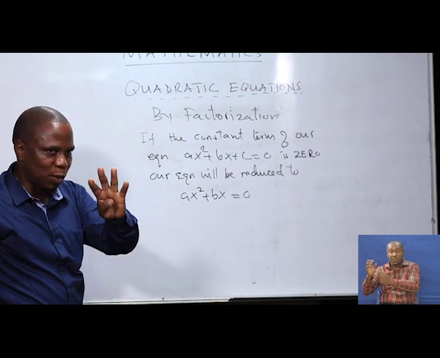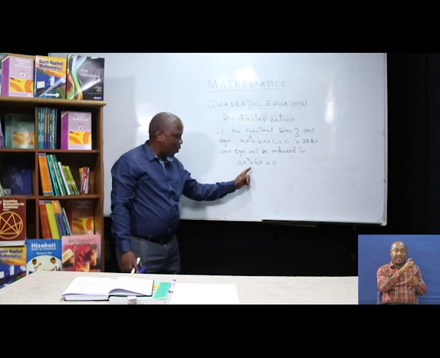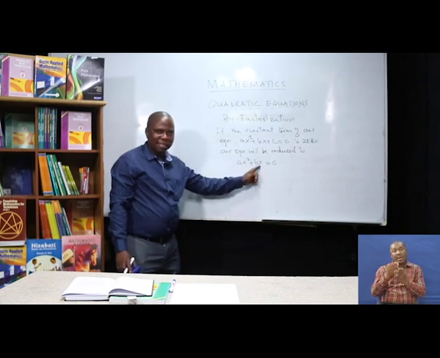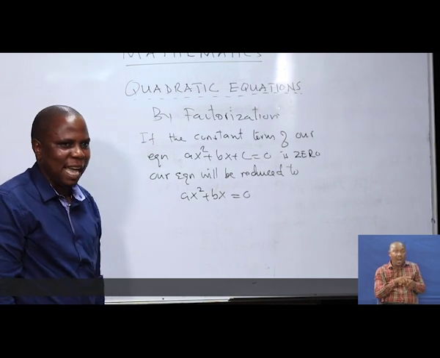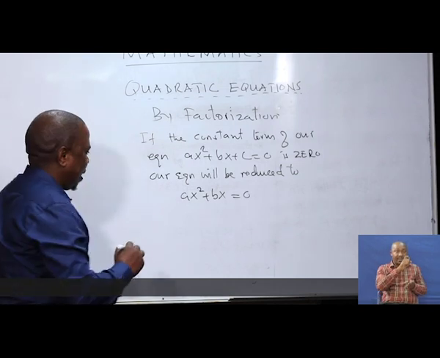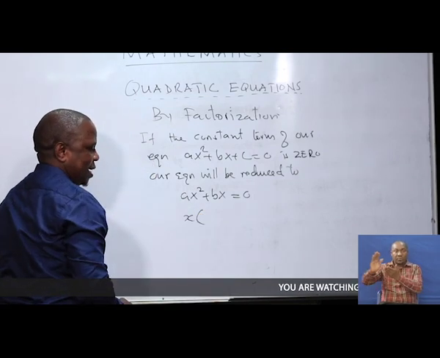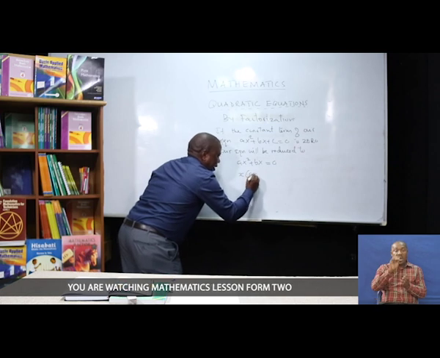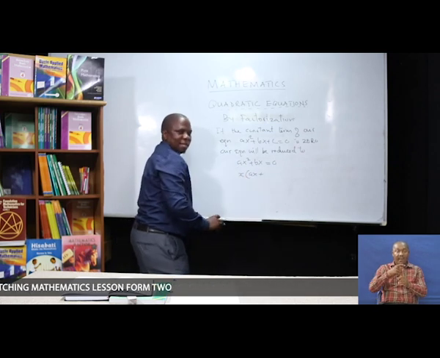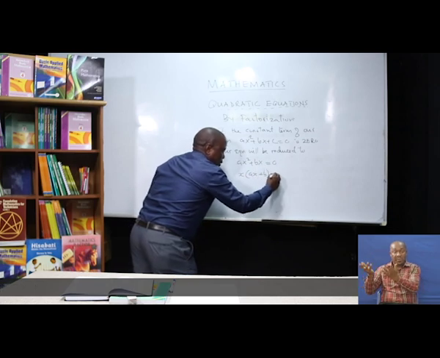Now I have remained with only two terms, the term with x squared and the term with only x. Now look, what is common here? Aha, the common is x and x. Take x out. We are factorizing it now. If I take x out here, what will I remain with? I will remain with ax plus b, since you have taken x out. This is equal to 0.